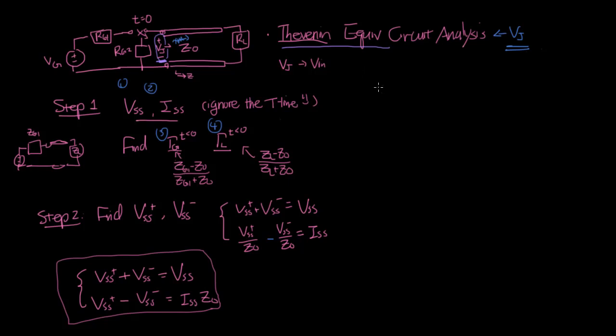So the next step is you draw a Thevenin equivalent circuit for what the transmission line looks like at t equals 0 plus, considering the outgoing wave.